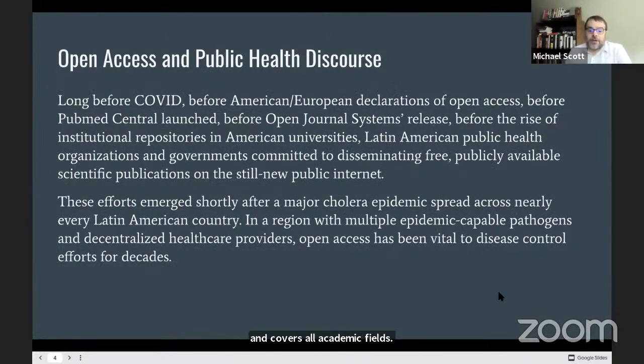Long before COVID, before American and European declarations of open access, before PubMed Central launched, before OJS was released, before the rise of institutional repositories in American universities, Latin American public health organizations and governments committed to disseminating free, publicly available scientific publications on the still new public internet. These efforts emerged shortly after a cholera epidemic spread across nearly every Latin American country.